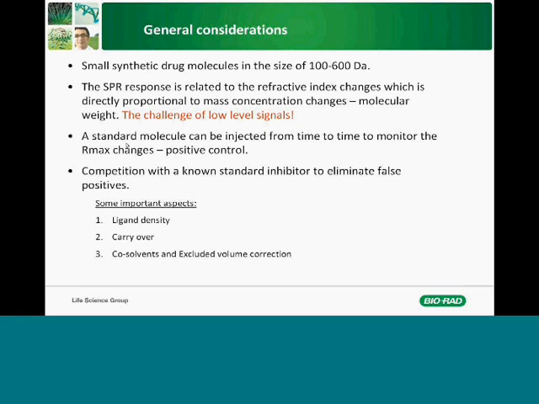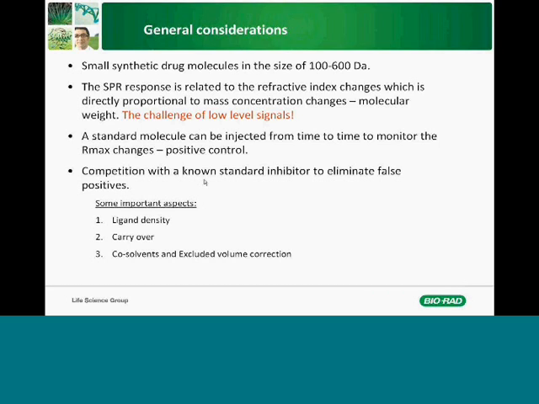Another very useful thing to do is to include a competitor in the injection, to do a competition assay, and this is mainly important to eliminate false positives. Because you might get a positive signal, but it's perhaps because the small molecule bound somewhere else in the protein, not in the binding site, just not specifically to the protein.